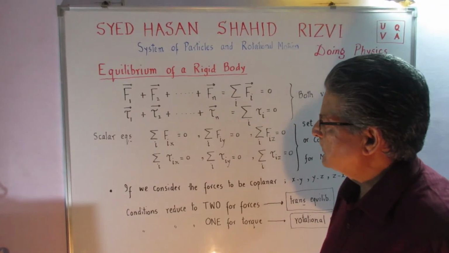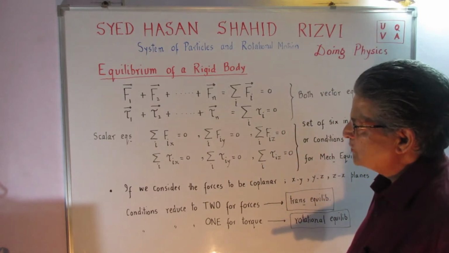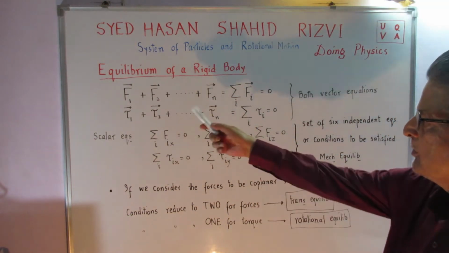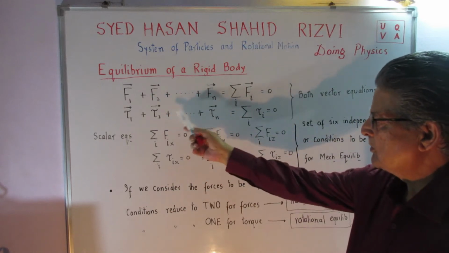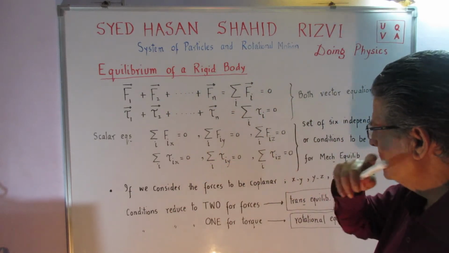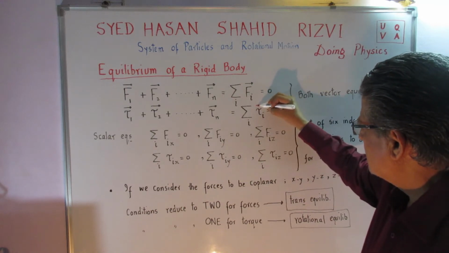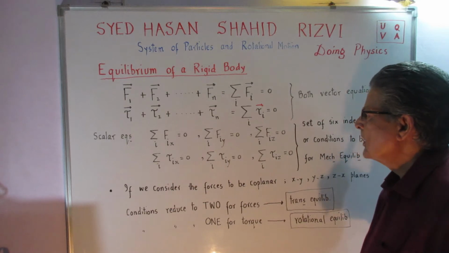So building up from where we left, I am obliged to rewrite the two equations that we have. F1 plus F2 plus Fn is equal to this, and tau1 plus tau2 plus taun is equal to this. Okay, with a flaw on my part which I correct.